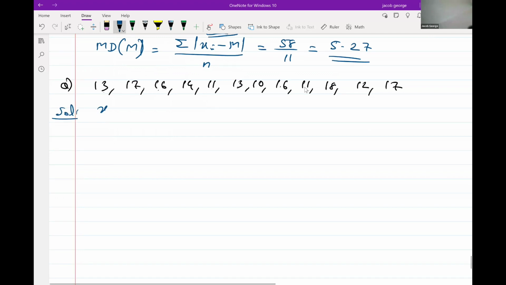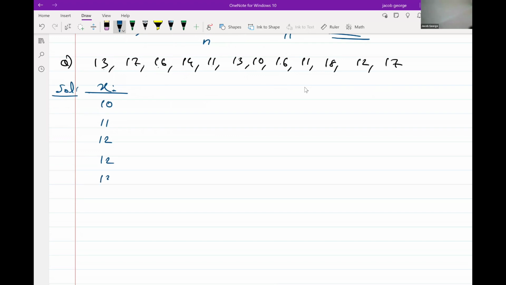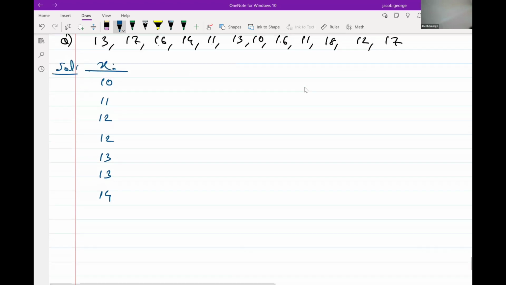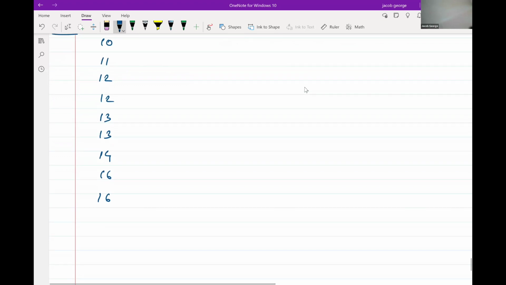Xi, we copy xi in ascending order. Smallest is 10. Then we got 11. Then 12. How many 12s are there? 2 are there. Then 13. Again 13. Then 14. 16. 16. 17. 17.